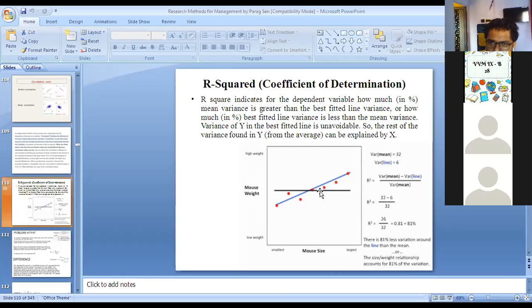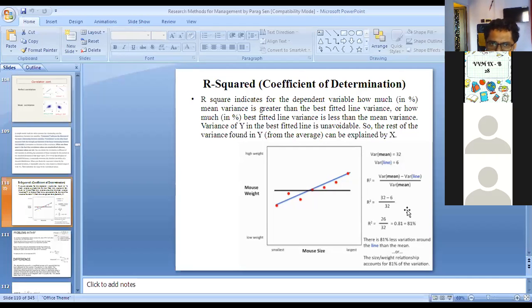That is what you are trying to find out. Here the R square value, you can see that in terms of percentage they are calculating, that's why they have divided it by variance of mean, and the R square value they are getting is 0.81, that means 81%. So the relationship accounts for 81% of the variation.